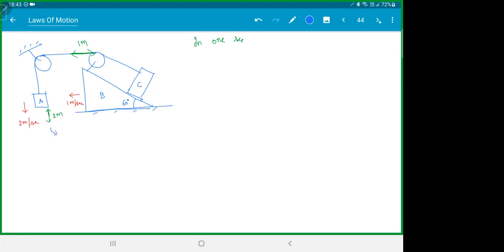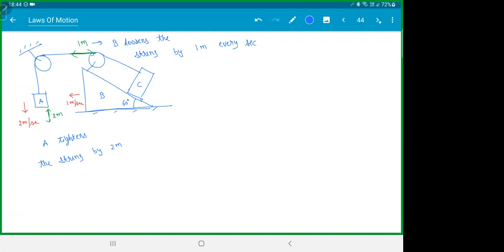So A pulls the string down by, or you can say A tightens the string by 2 meters. And if you look at this thing, B loses the string by 1 meter. B loosens the string by 1 meter every second.